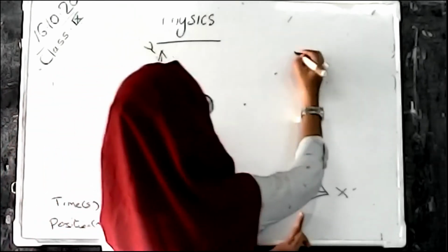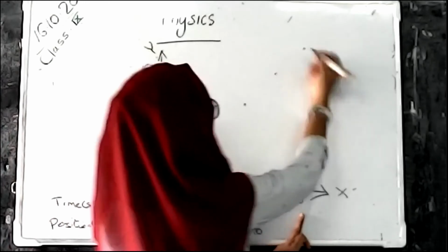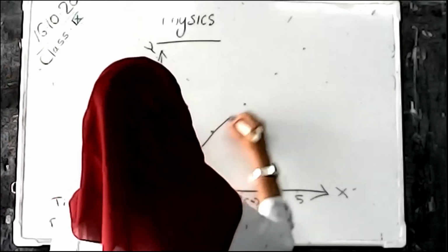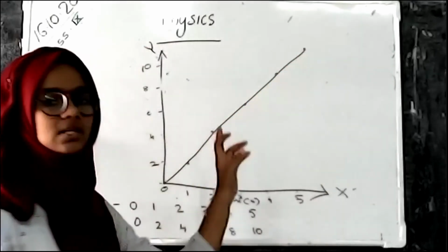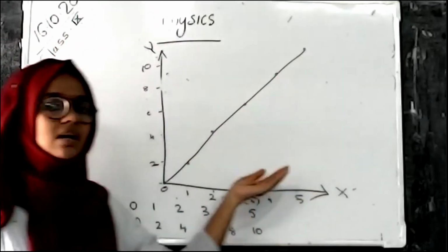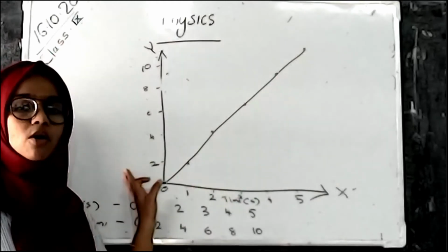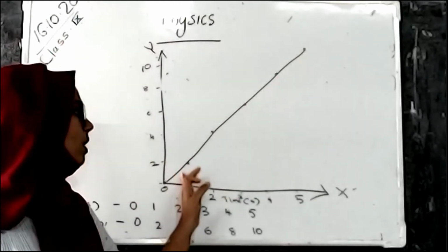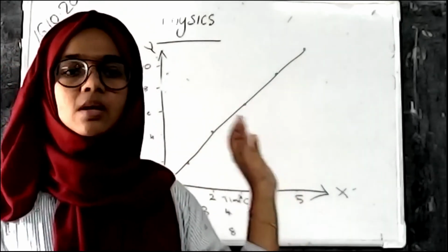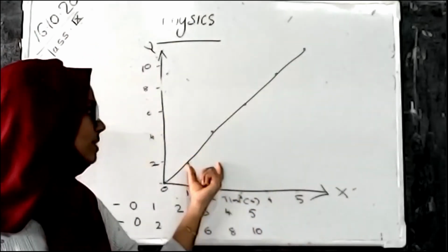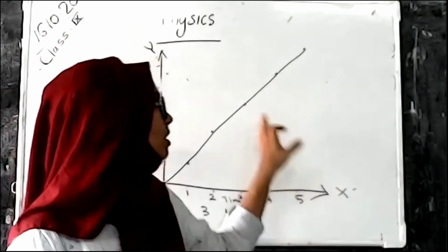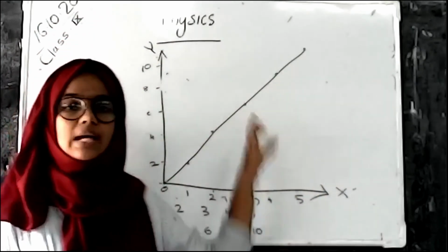And at 5 seconds, the position is 10. So we have to draw this graph by connecting all of these points. We got a straight line because the motion of that body covers equal distance in equal intervals of time. That's why we got the graph as a straight line.